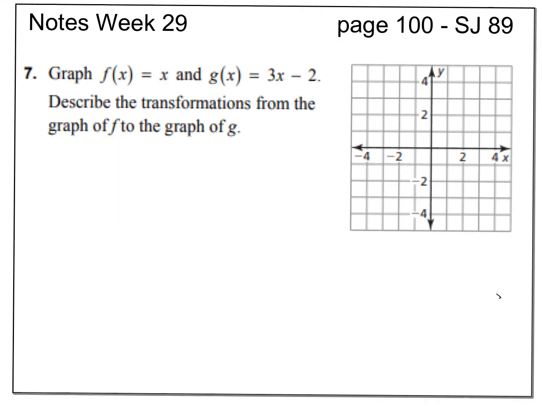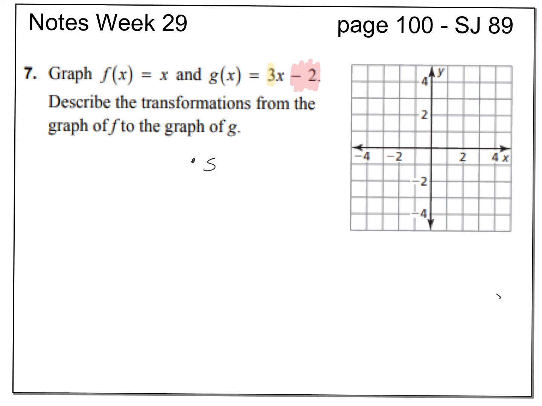And last but not least, it says describe the transformations. So from f of x to g of x. And hopefully you see there are 2. There's this and this. Okay, so what is going on?